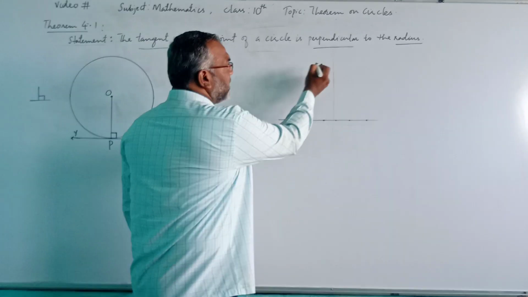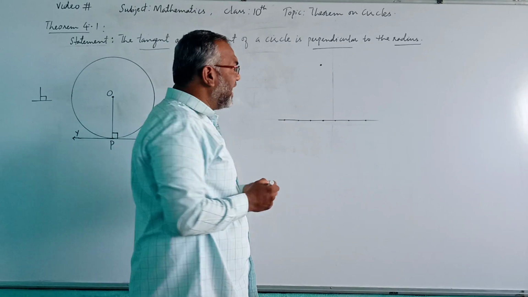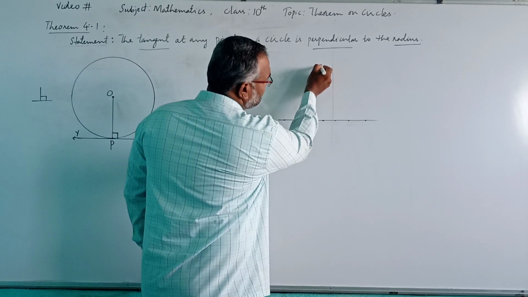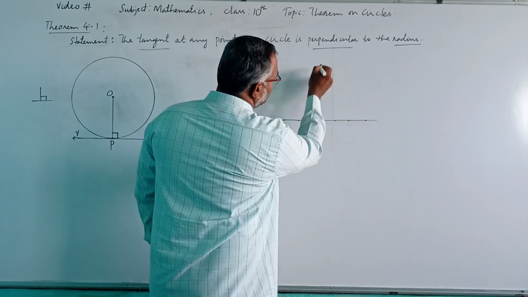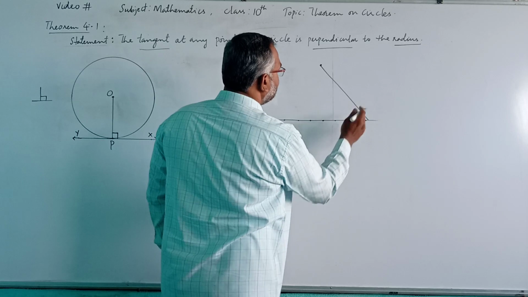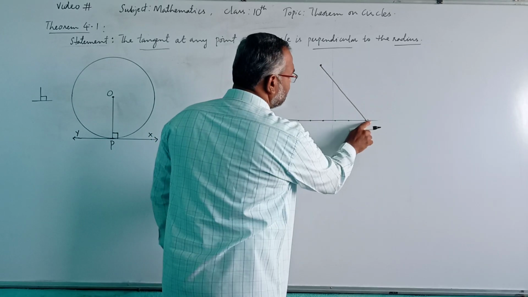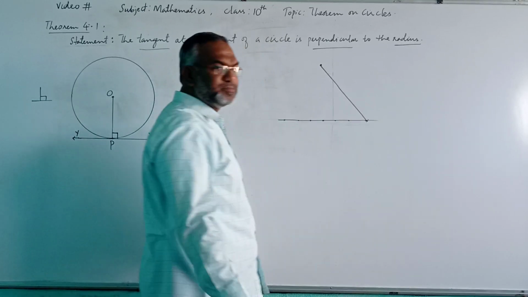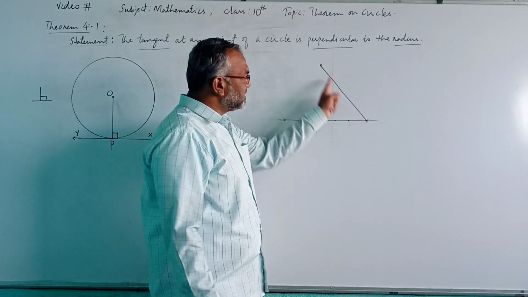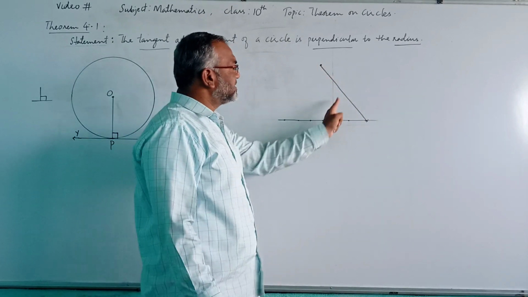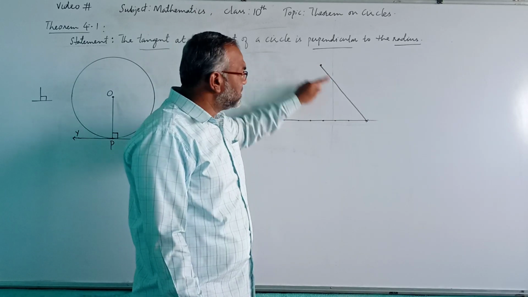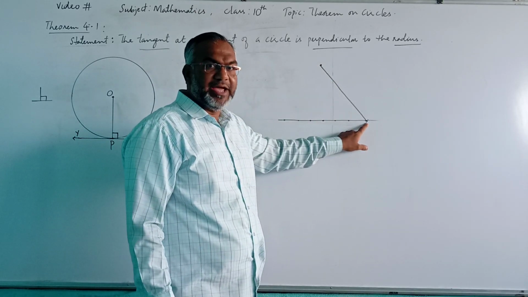Right now, here is a point. What if I join this point with this point? If I join this point and this point, this is the distance between this point and this point of the line, right?